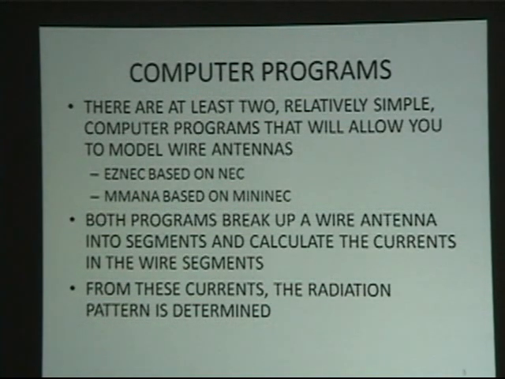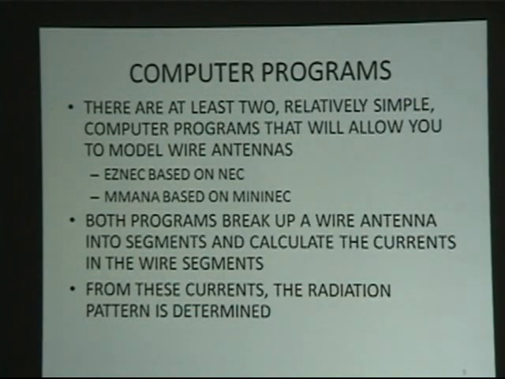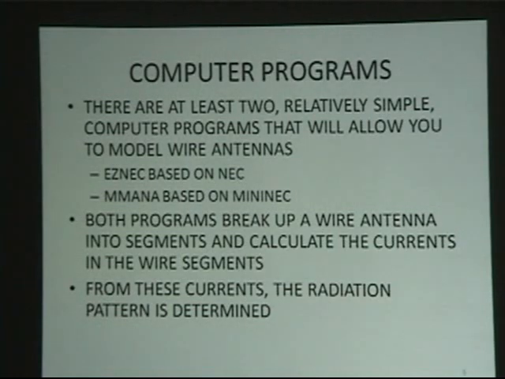NEC models thin wires. The code partitions the wires into little segments, and calculates the currents on the segments of wires from a source in your antenna. Then you add up the currents on each of the segments at different angles, and that's how you get the radiation pattern.